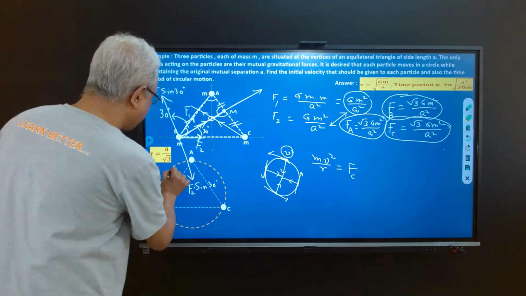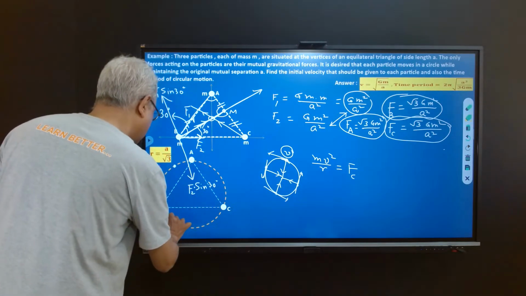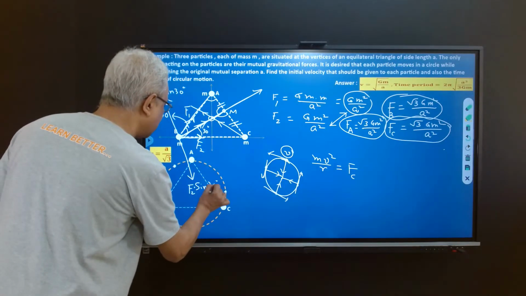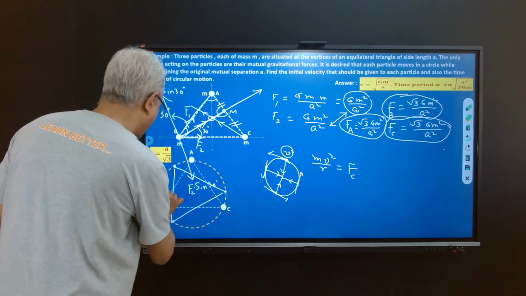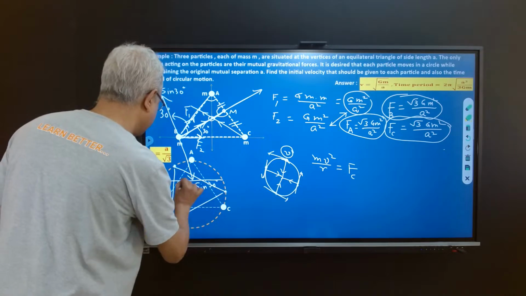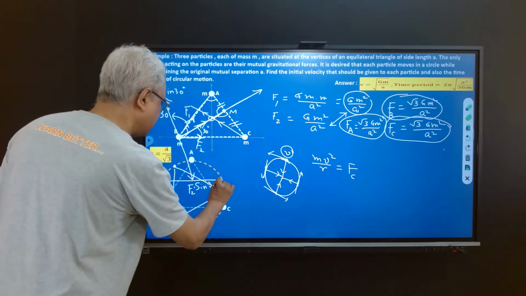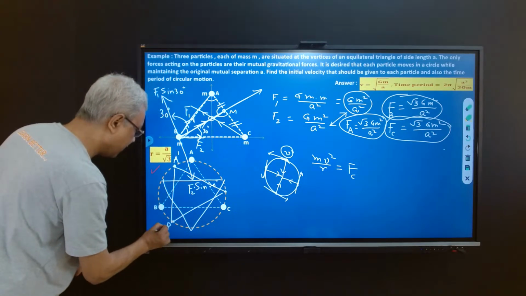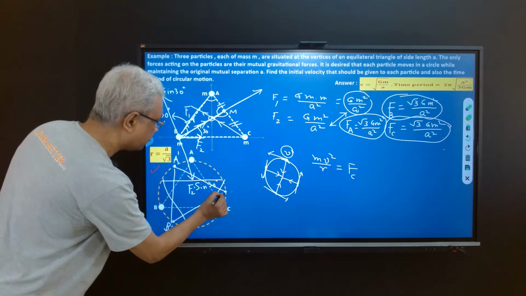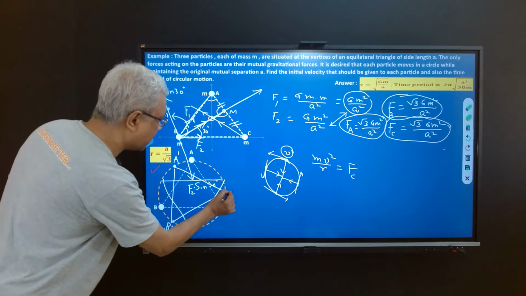So wherever A moves to this point, B moves to this point, C moves to this point. Again you take this triangle, where A moves to this point, B moves to this point, C moves to this point. So it is A dash, B dash, C dash.